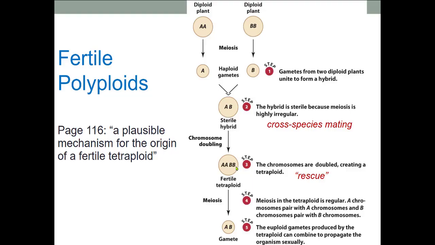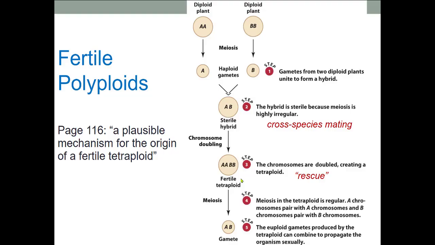So the book labels this as a fertile tetraploid, and it depends on how much you want to split hairs here about whether that's really a tetraploid, since the A genome and the B genome aren't exactly the same. Maybe you'd call it a diploid of diploids. I don't know, but the point is we're back to an even number of genome sets.